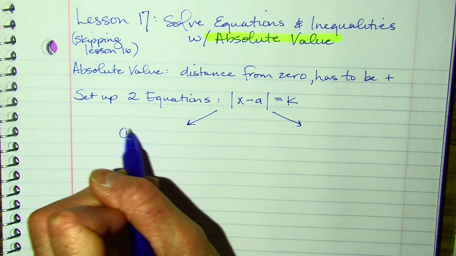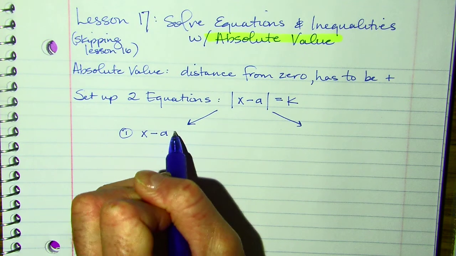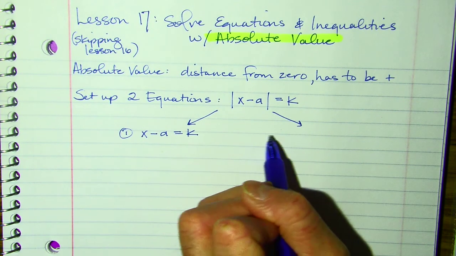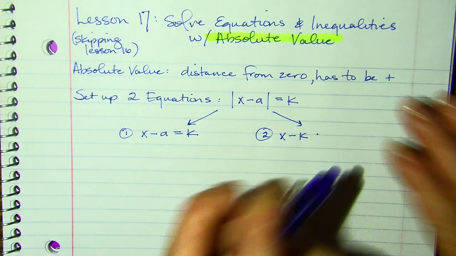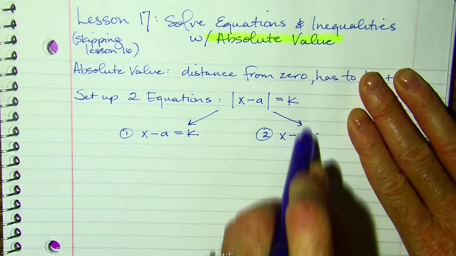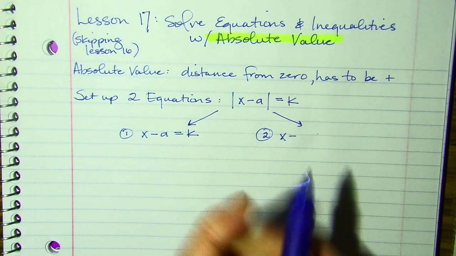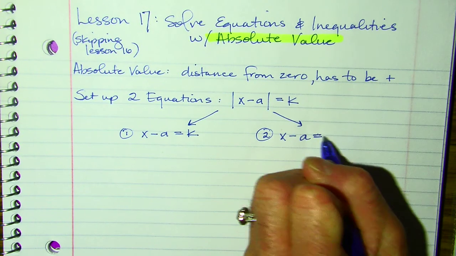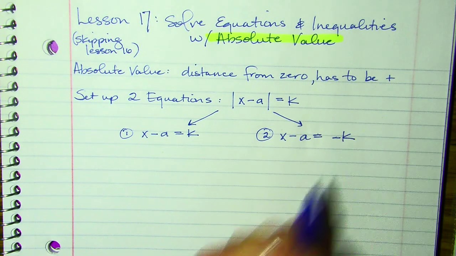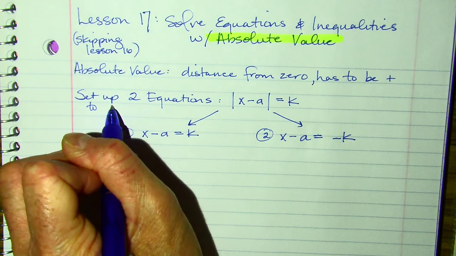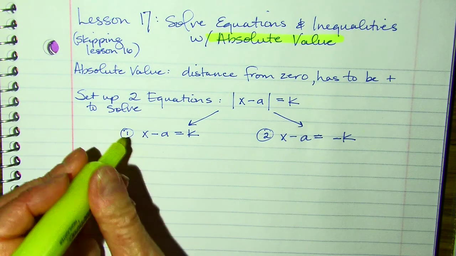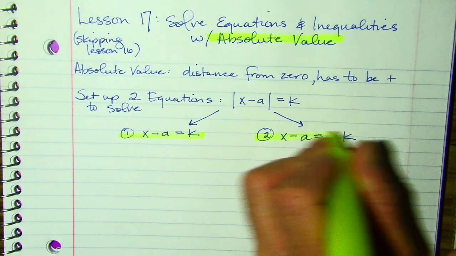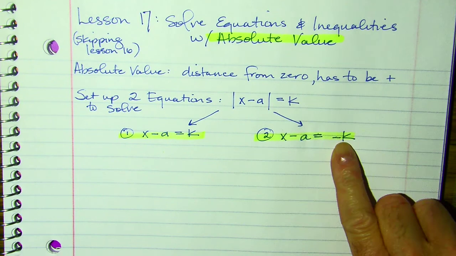One would be x minus a equals k, and the other would be x minus a, my apologies, equals a negative k. So you would set up two equations to solve your problem. Notice I have one with positive k, and the big change is you make the right-hand side equal negative k.